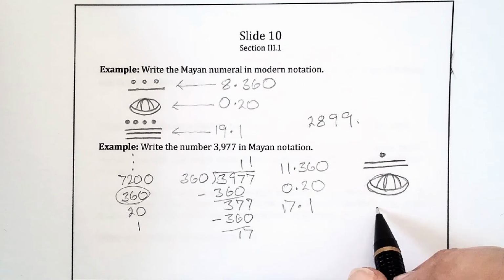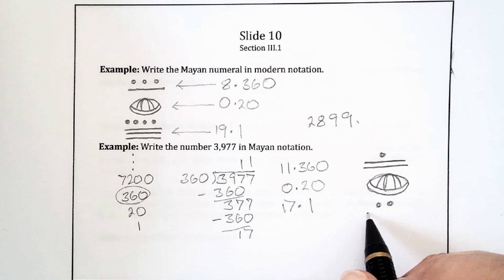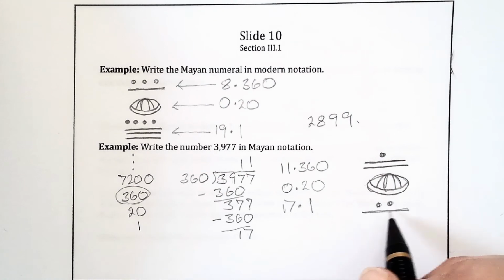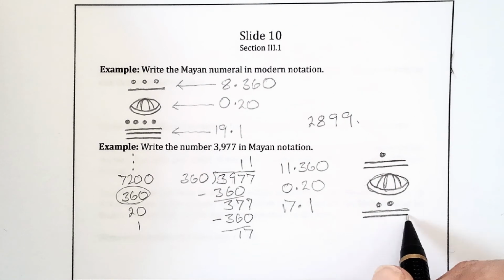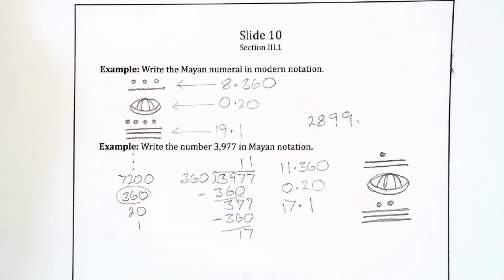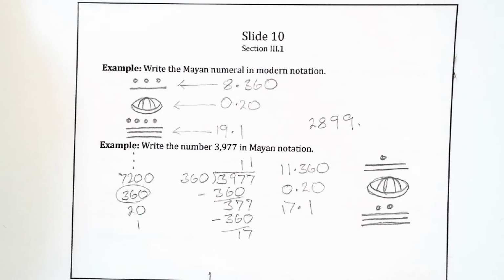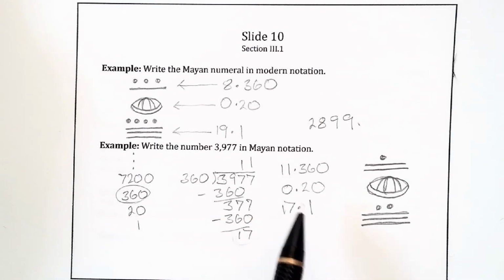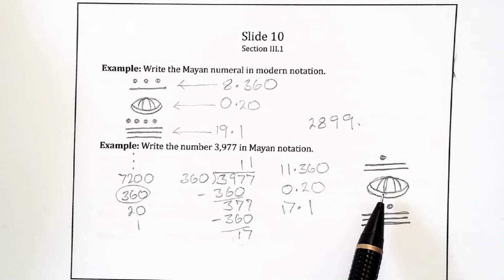And then a 17. Okay, this one we happen not to have any 20s. If I had a problem where this remainder was larger than 20, then the next step would be dividing 20 into that. And then that number would be the 20s place, and then that remainder would be the ones place.